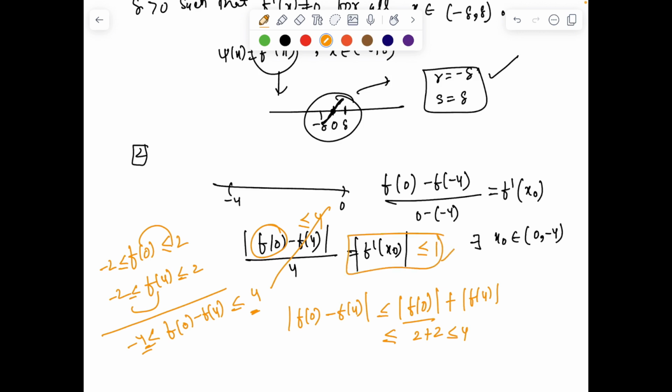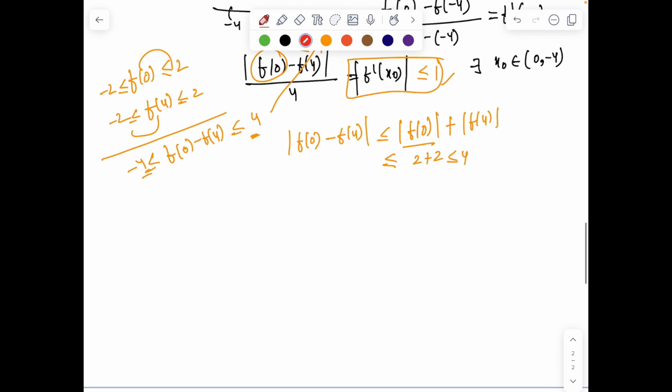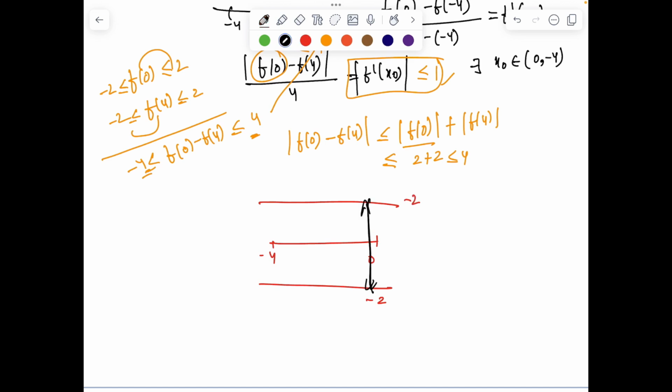So that's very obvious. You can feel this graphically as well, because let's say you are moving over a span of minus 4 to 0, and the maximum possible values that we can get are minus 2 to 2. Okay, so the maximum height that I can travel is 4, and I have to move in a span of 4.